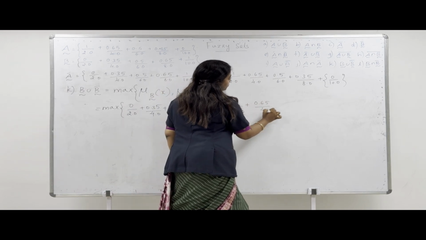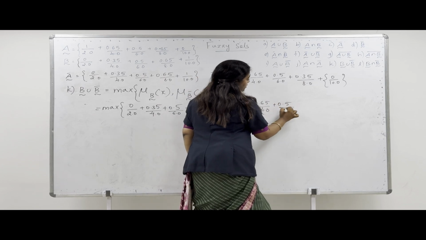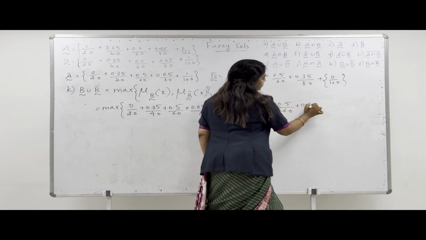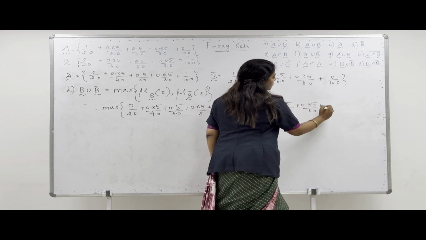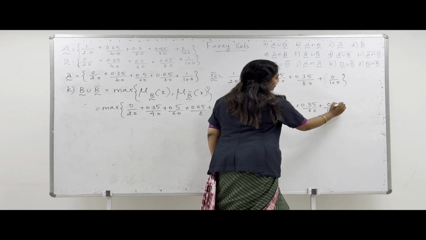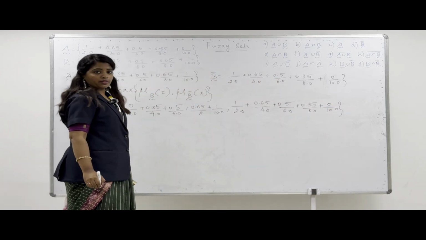0.65 by 4, 0.5 by 6, 0.35 by 8, 0 by 10.0. Okay.